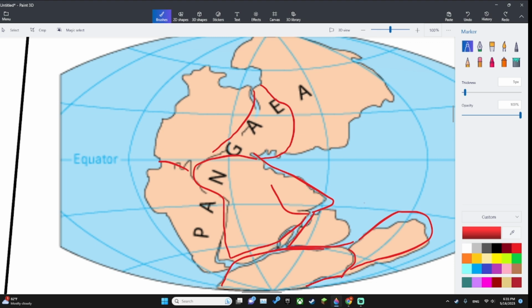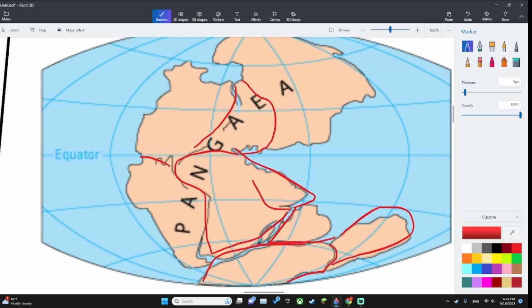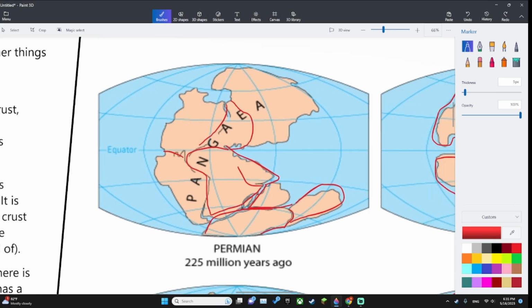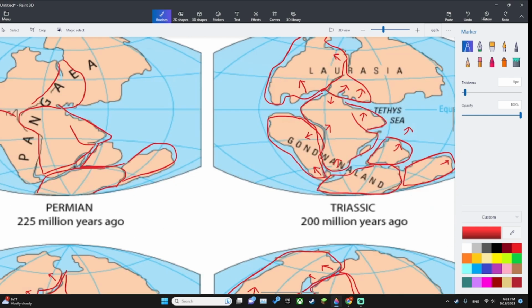So, in the Permian ages, the Permian came right before dinosaur ages, the Mesozoic. It was like the beta stage, the alpha version, 0.1 edition, the pre-testing phase of Earth of the modern continents of the dinosaur age. That's what the Permian was.